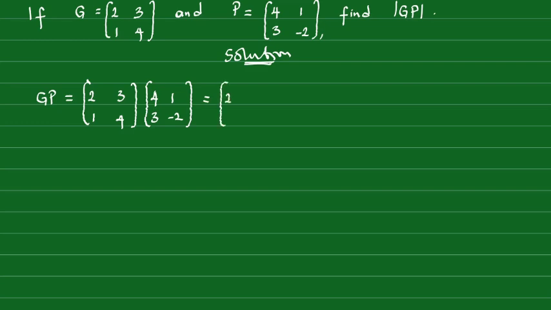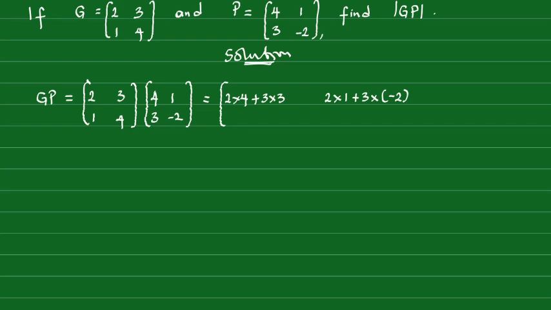We have 2 times 4 plus 3 times 3. Next, we have 2 times 1 plus 3 times bracket open minus 2 bracket close.